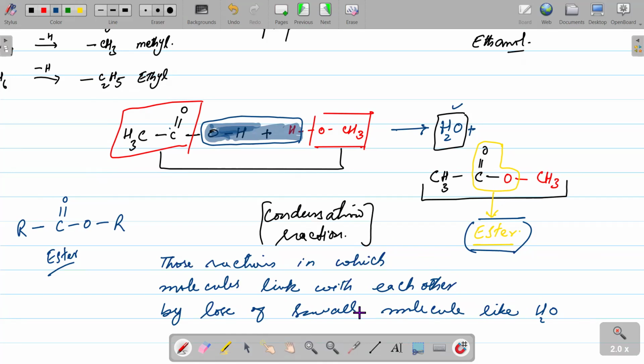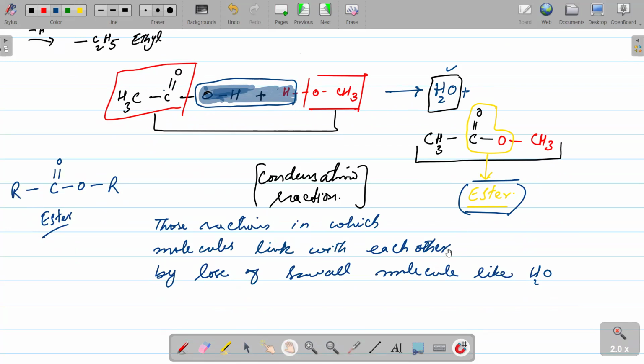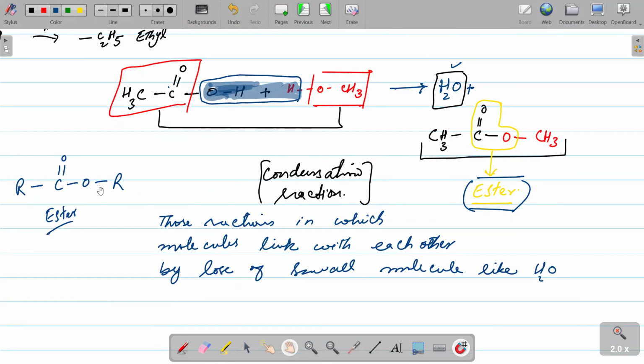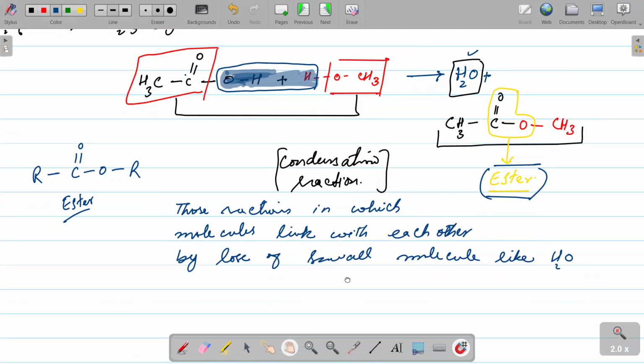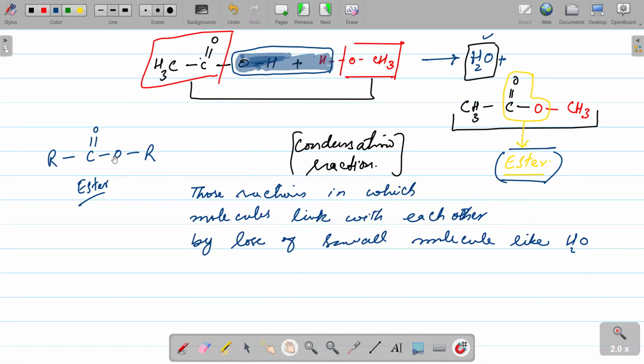Okay, now ester, that is a new homologous series of compounds. So why did I represent ester like this? It's the general formula of ester: R, C double bond O, and O and R. So the functional group of ester is this, which is present between the carbon atoms.